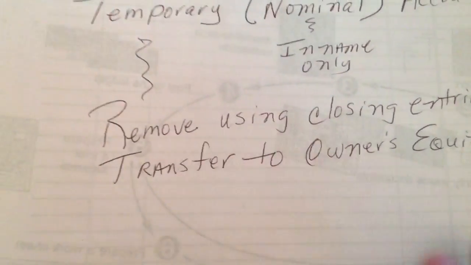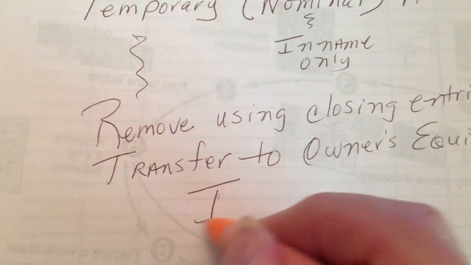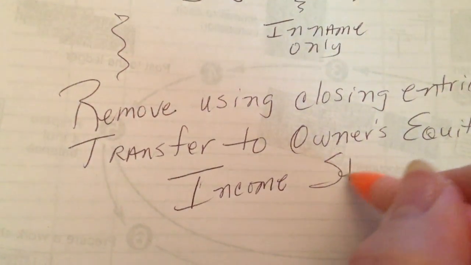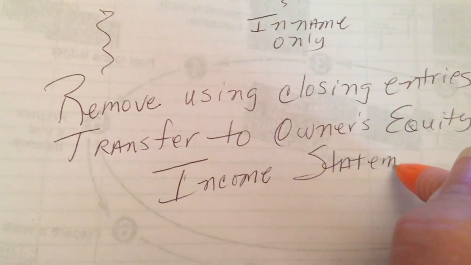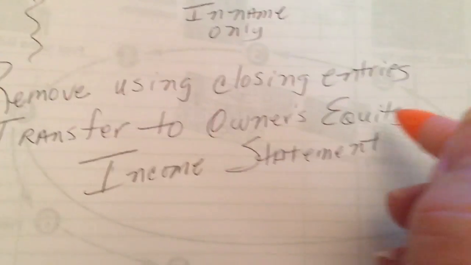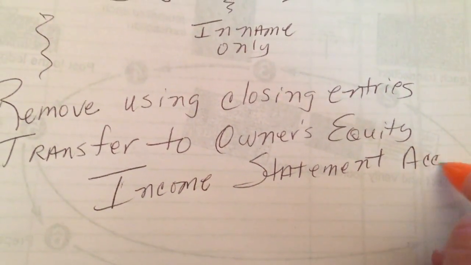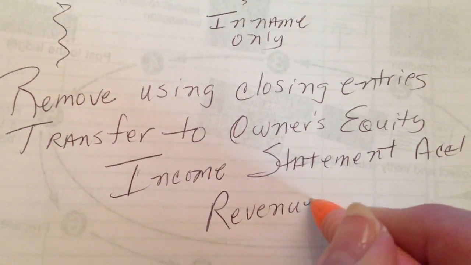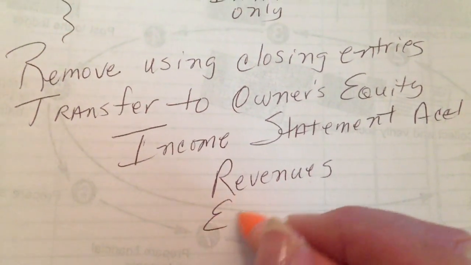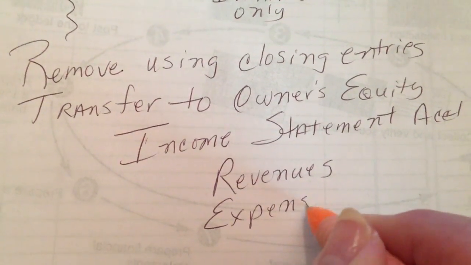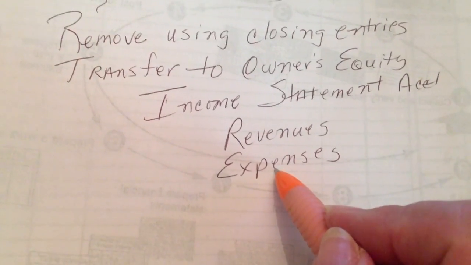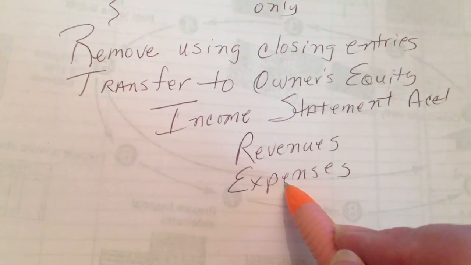These accounts are the income statement accounts. That means we're looking at closing our revenues and closing our expenses. So revenues and expenses will be closed and transferred to owner's equity.